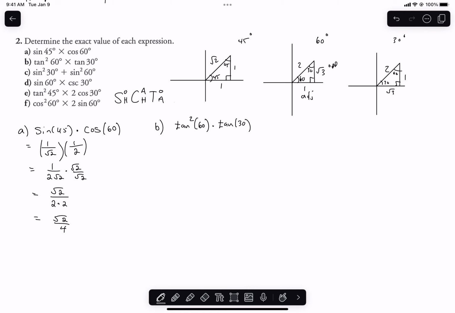The squared just means I'm going to take the results and square them. So all I'm going to do is find the tan of 60 and put a squared on it. The tan of 60 is opposite over adjacent, that's root 3 by 1. I'm going to square that result and multiply that by the tan of 30, which is 1 over root 3.